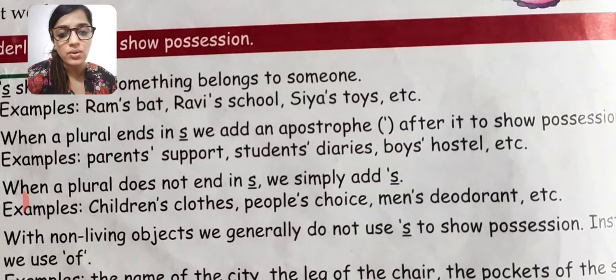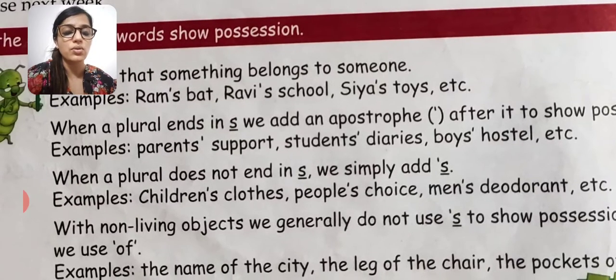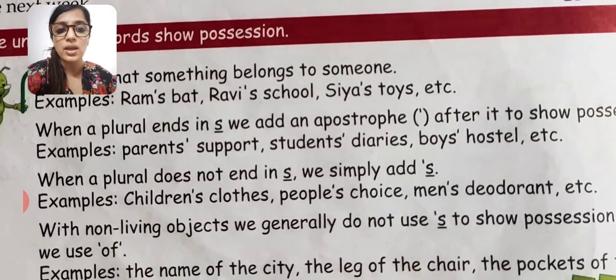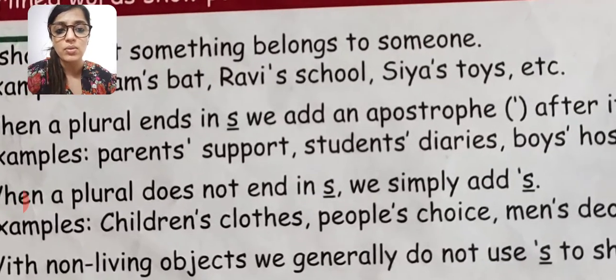We will write the whole word and use the apostrophe after the word. Here it will be shown as an example like parents' support. This is not a case of a single parent, it is about parents.